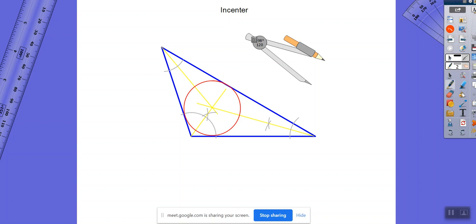So that would mean that this distance here, this perpendicular line, is equal to this perpendicular line, which is equal to this perpendicular line. So all three of these distances are equal. And that is the definition of the incenter, a point that is equidistant from all three sides.